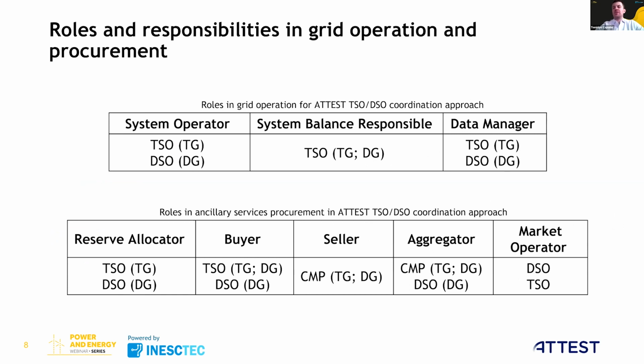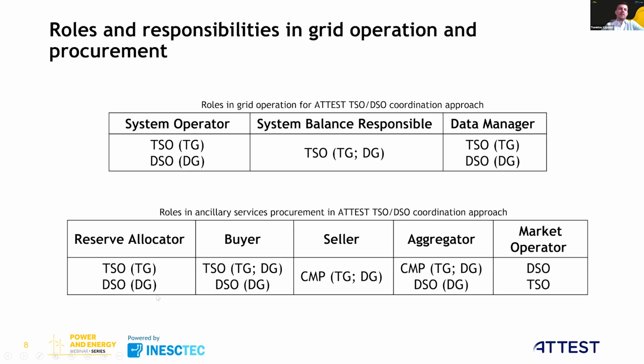This is something which is typically defined when you define a coordination mechanism. In our case, we have two system operators in charge of their own grids. The TSO is actually responsible for balancing the entire system, so both the transmission grid and the distribution grid. And on the side of data management, each system operator is in charge of its own network.